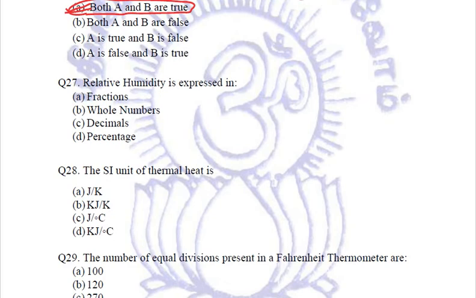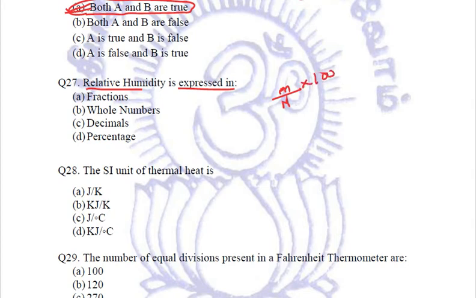27th. Relative humidity is expressed in. Now relative humidity, what was the formula for relative humidity? If you remember, relative humidity is calculated by the formula small m, the mass of water vapor actually present, divided by capital M, the mass of water vapor required to saturate, multiplied by 100.